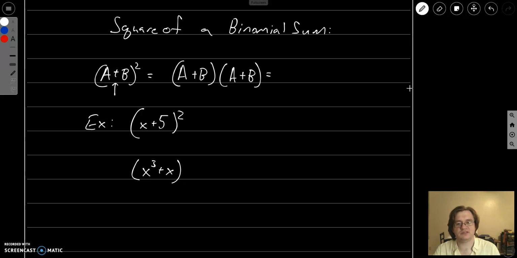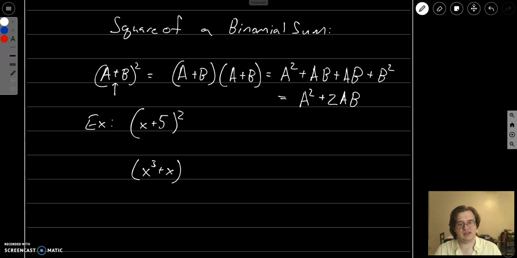So the first 2 terms times each other, the outer terms, the inner terms, and then the last terms. And what you'll notice is that ab and ab are actually the same thing. So I can combine these like terms, say that it'll be a squared plus 2 times a times b plus the last b squared.